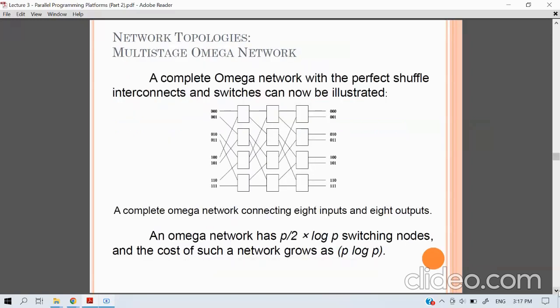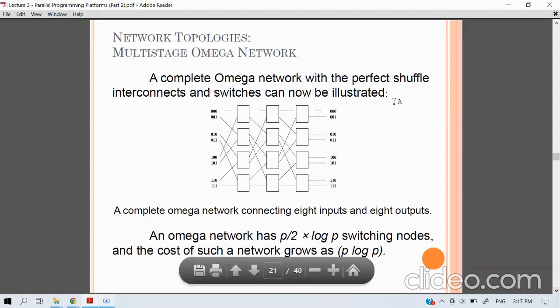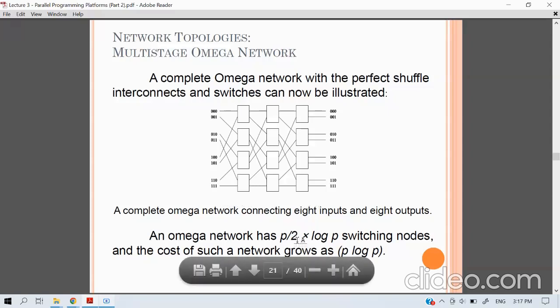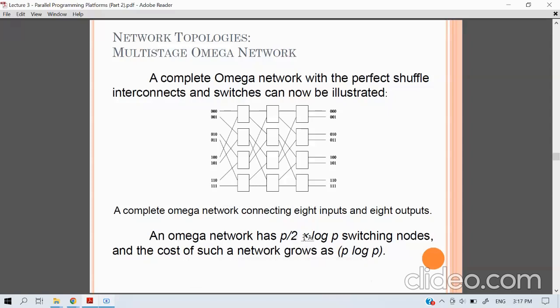Another example is a complete omega network with the perfect shuffle interconnects and switches, connecting 8 inputs and 8 outputs. An omega network has P over 2 times log P switching nodes. So this is how we know the number of switching nodes that we need to apply, and the cost of such a network grows accordingly in the multi-stage omega network.